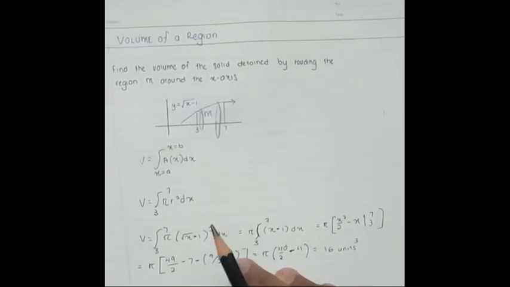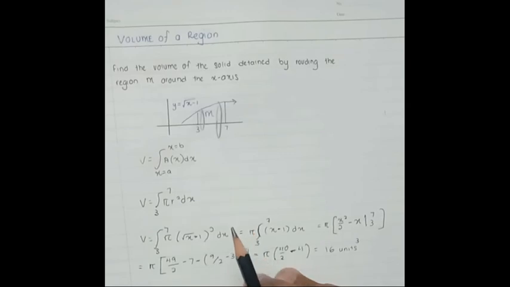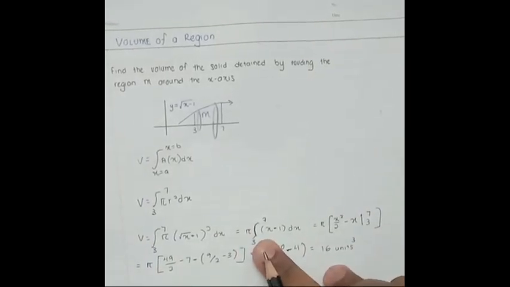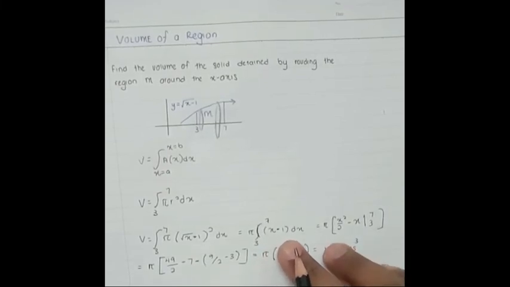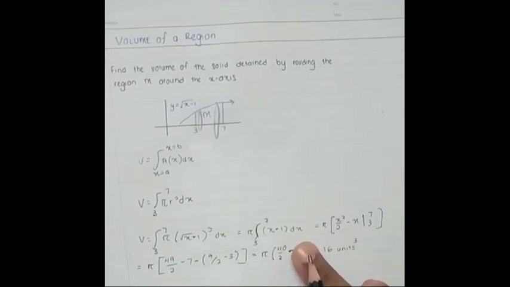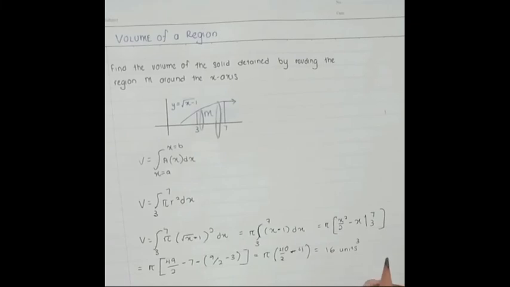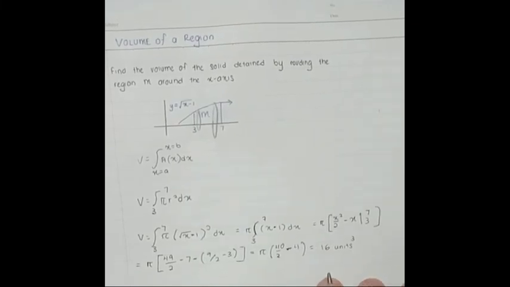The pi can come out in front: pi times the integral from 3 to 7 of (x minus 1). When we take something under the square root and we square it, the square root just disappears. dx, and now we are ready to integrate.